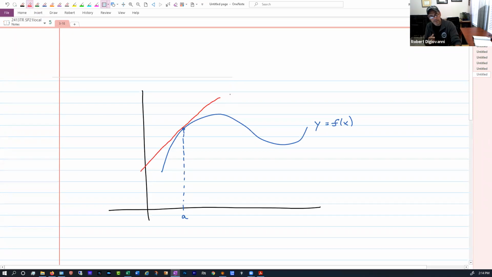And to do that, all we have to do is take the derivative of the function and then plug in whatever that x value is into that derivative, and we will have the slope of the tangent line. Right? That's what this has all been about.